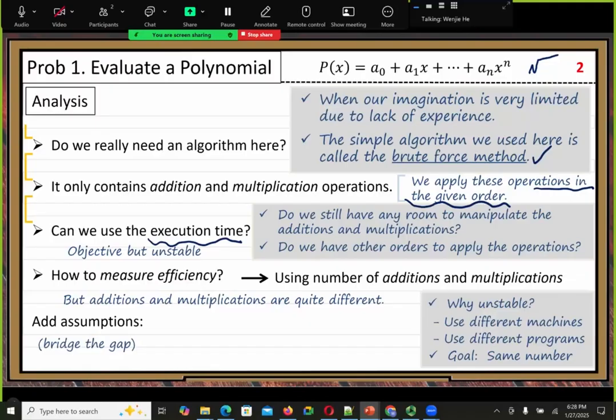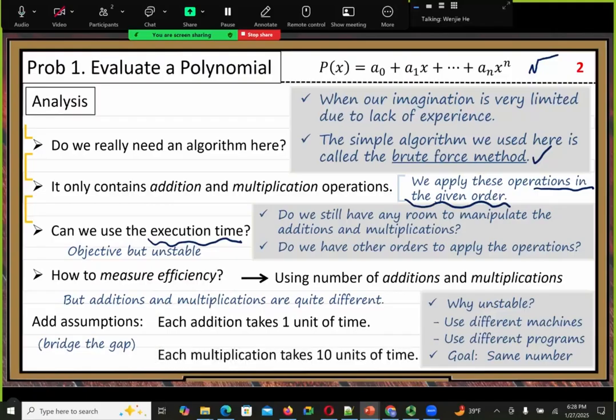Here, we want to bridge the gap. There is this big gap, so we want to do something. We need to add some reasonable assumption in this problem to give us a fair way to measure the overall performance. Our assumption is, for each addition, we assume 1 unit of time. The concrete number may not be that important, just 1 unit of time.